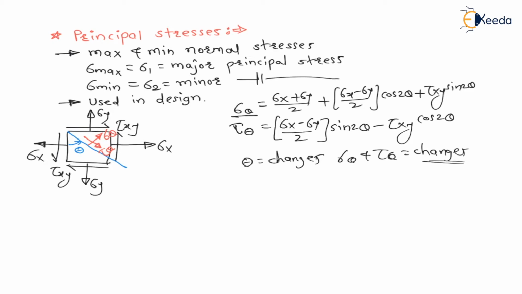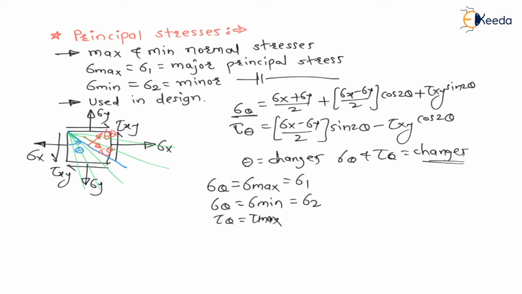If I continuously go on changing theta, on some plane you will find that sigma theta is equal to sigma maximum, which is called sigma 1, major principal stress. And on some plane you will find sigma theta as sigma minimum. This is called minor principal stress, right? Now, on some plane you will find tau theta as tau maximum. This is called the maximum shear stress plane.